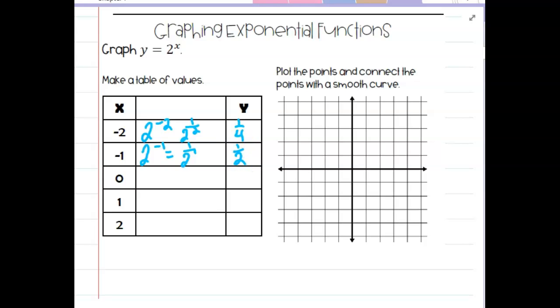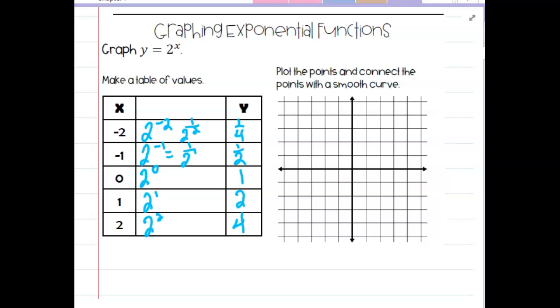When I plug in 0 for x, we're going to take 2 to the 0 power, and anything to the 0 power is 1. And then we're going to plug in 1 for the x, so we'd have 2 to the 1st power, which is just 2, and then we're going to plug in 2, and I'd have 2 squared, which is 4.